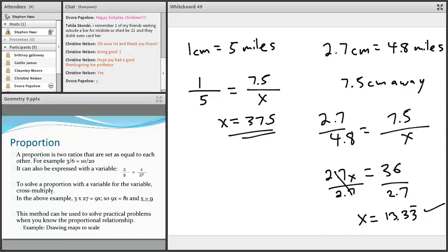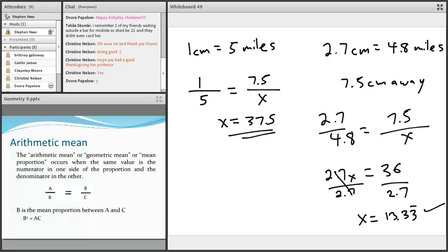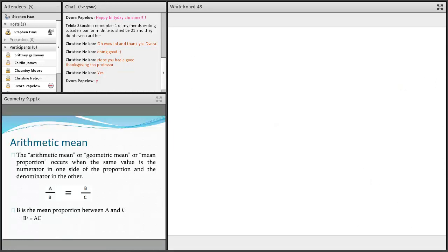Okay, now let's apply this to geometry. Before we do that, one more concept, really the same thing as a proportion. This is a special type of proportion, and that is the arithmetic mean. An arithmetic mean applies when the same value is in the middle of the proportion.